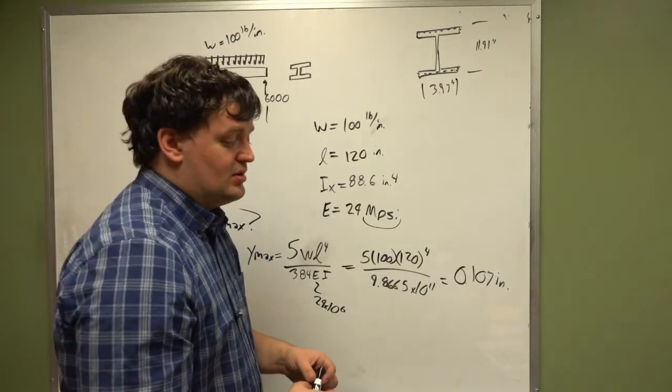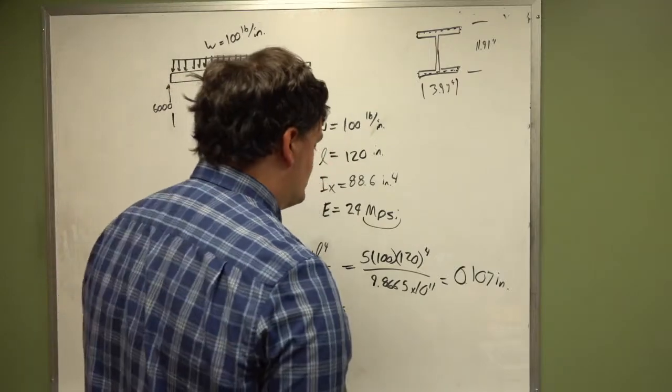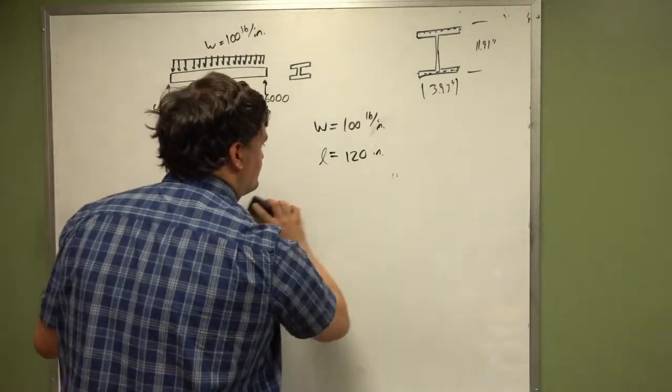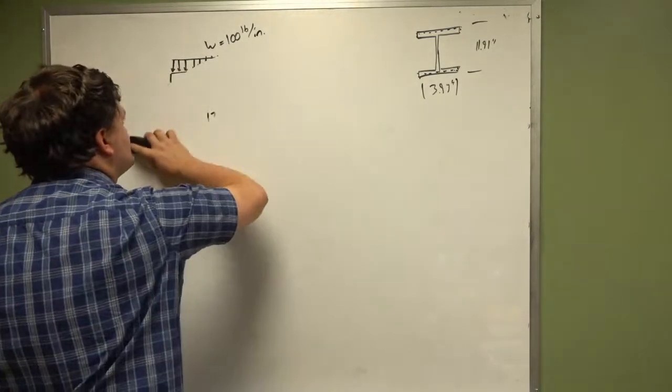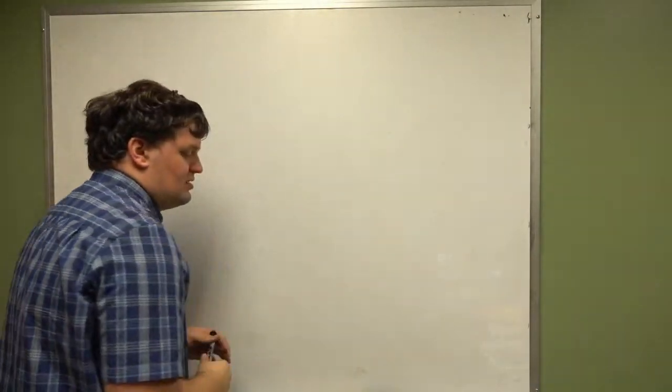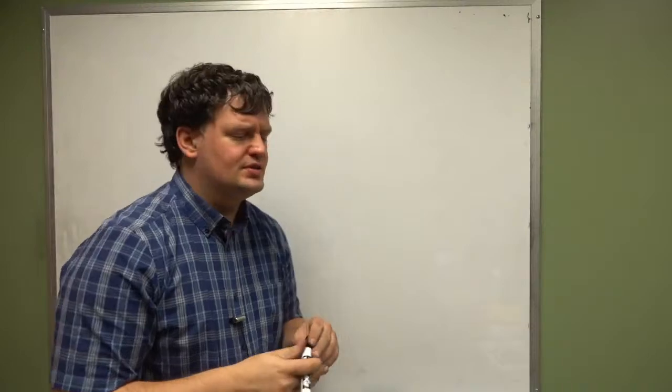Okay. Let's go ahead and talk about one more thing before we're done talking about deformations. And it's the idea of superposition. Superposition is a concept we've talked about in a couple of other classes.